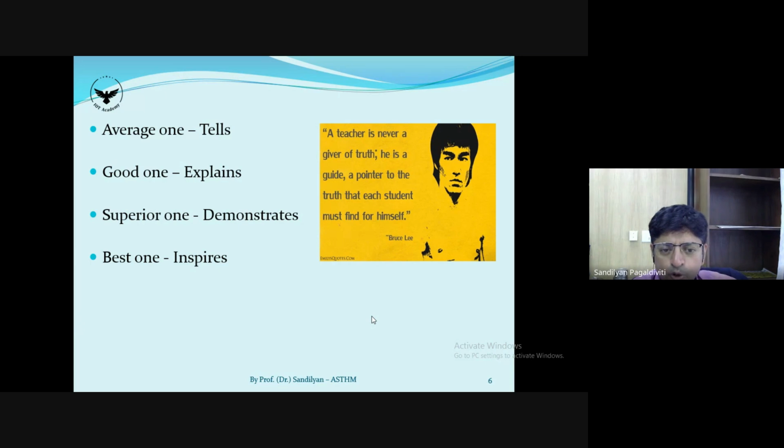Interestingly, what each student finds out will be different based on the time, location, and situation in which the student remains. So, what is true for me need not be true for the entire class.